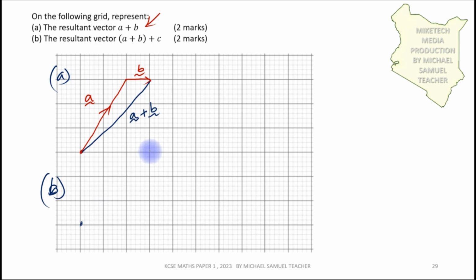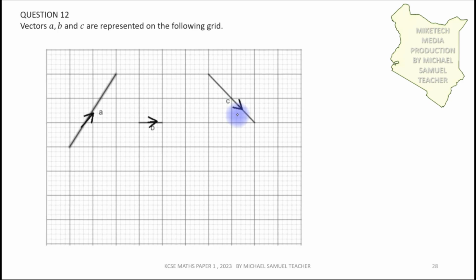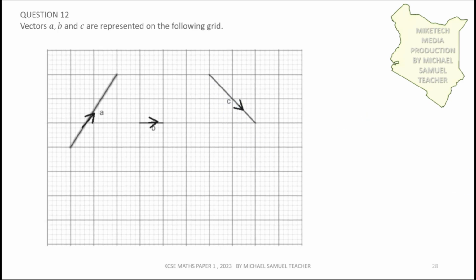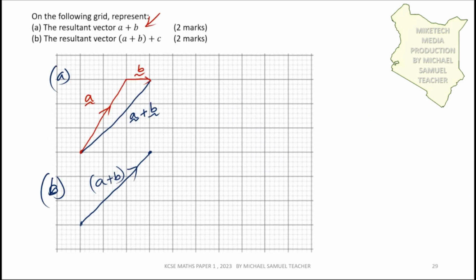So from this point to this point, that is A plus B. Then C is downward, so this is the direction up to this particular point, the C vector.